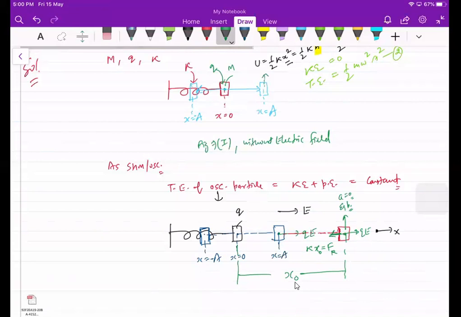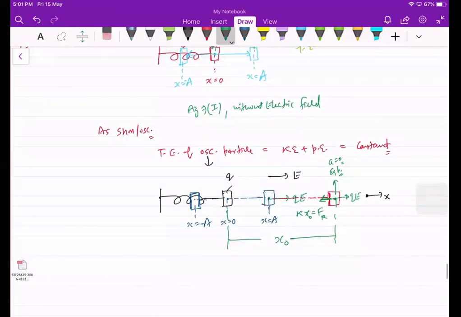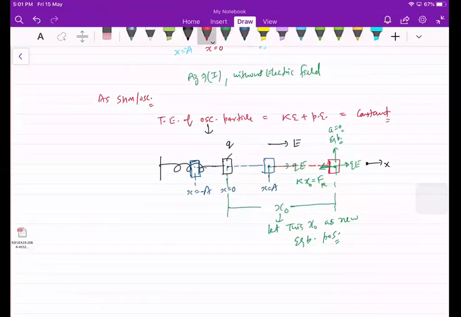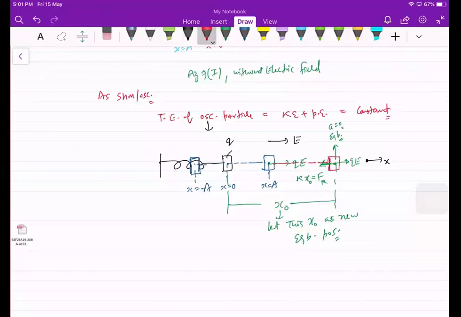So let this x0 be the new equilibrium position. To get this value, I have to just equate the electric force with the restoring force, or you can say spring force.